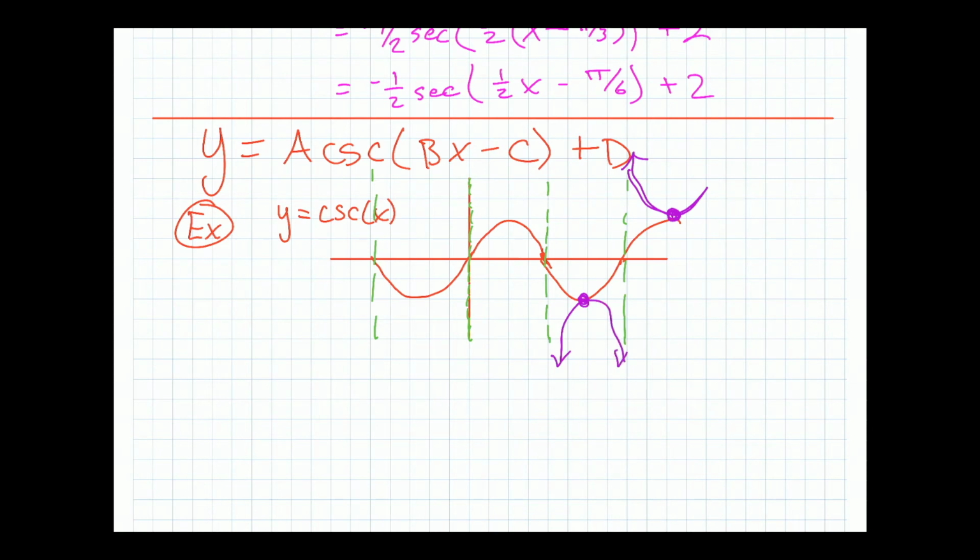So the purple graph is the cosecant graph. And I'm not drawing it well, but I'm not trying to draw it well. I'm just trying to get something on the page here. All right, so purple is the cosecant graph. Red is the sine.